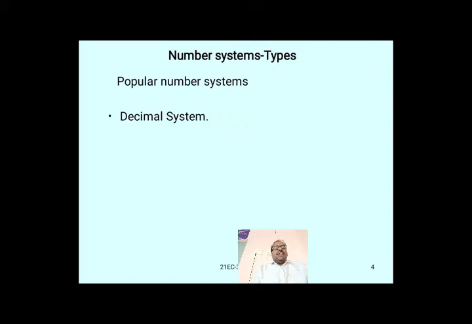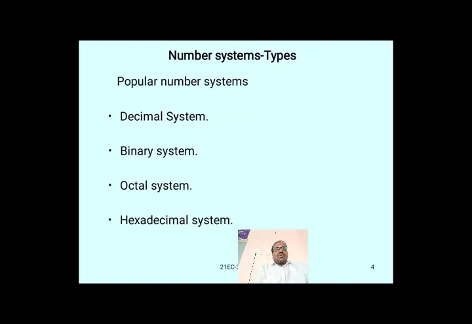They are first one decimal system, second one binary system, third one octal system, fourth one hexadecimal system. These are the four types of number system we are using in our day to day life or in our appliances also.